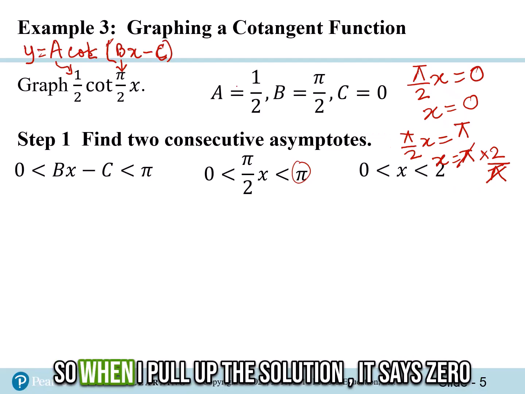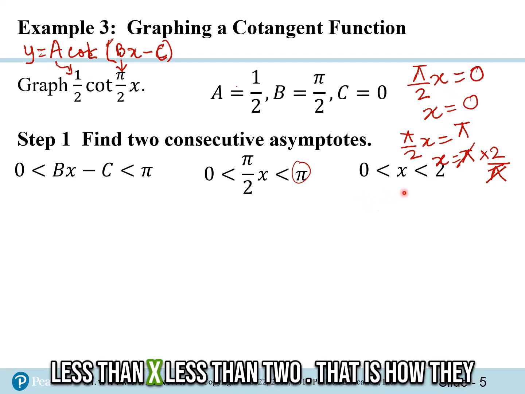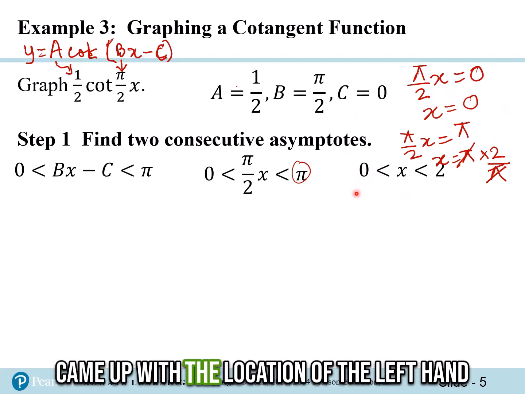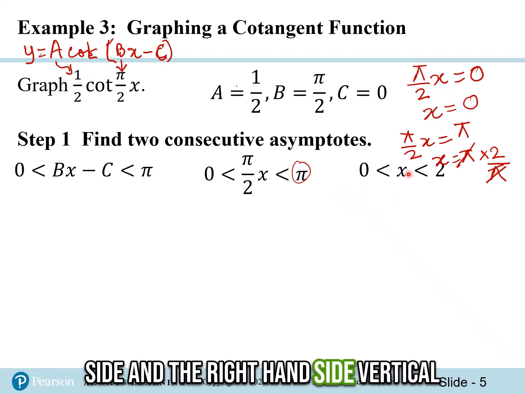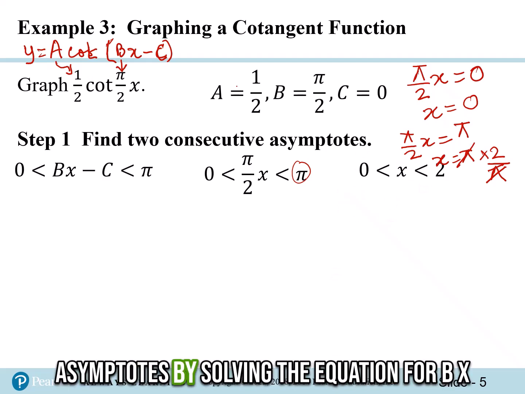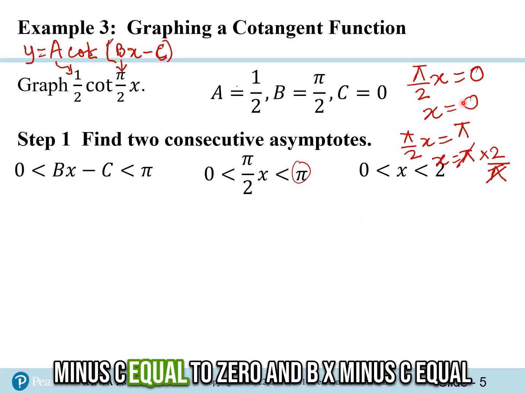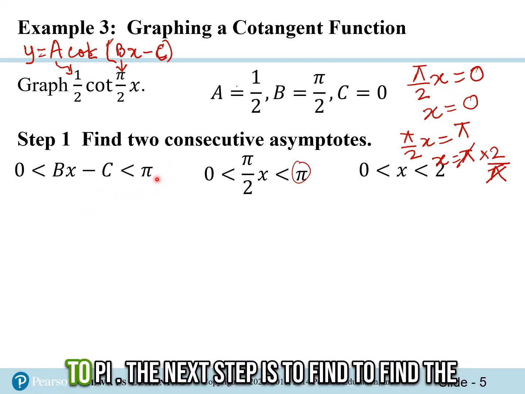So when I pull up the solution, it says 0 less than x less than 2. That is how they came up with the location of the left hand side and the right hand side vertical asymptotes by solving the equation for bx minus c equal to 0 and bx minus c equal to pi.